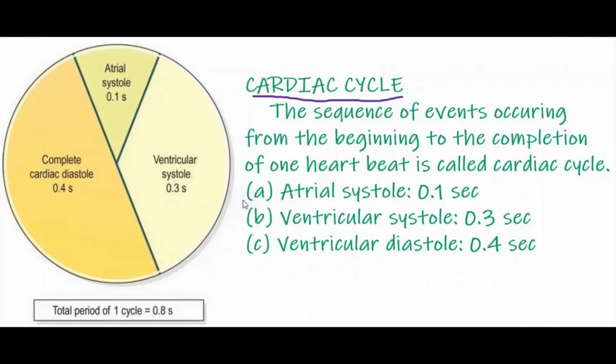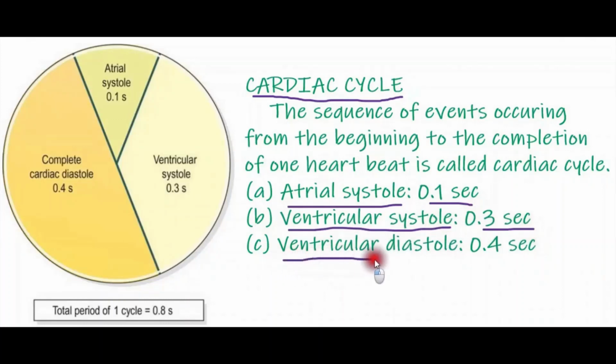Each cardiac cycle lasts about 0.8 seconds. Then what are the events that take place? The first event is atrial systole, with a duration of 0.1 second. The second one is ventricular systole, duration 0.3 second.